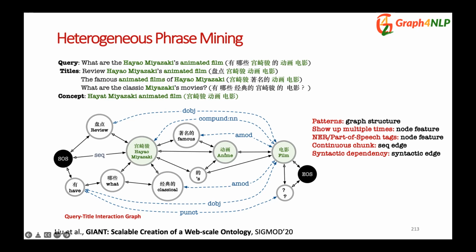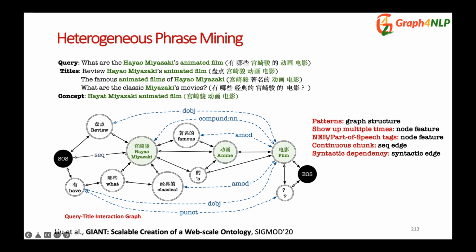And we have different edges representing whether two words are adjacent to each other or whether they have a dependency relationship between them. Then we also have the virtual start-of-sentence and end-of-sentence nodes for different short texts. So in this way, we have such a graph representation.